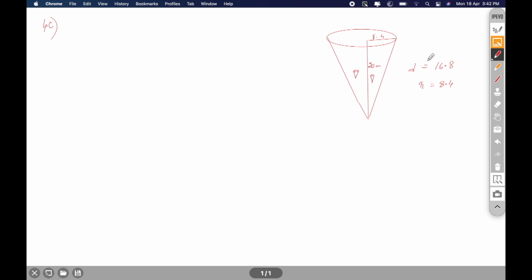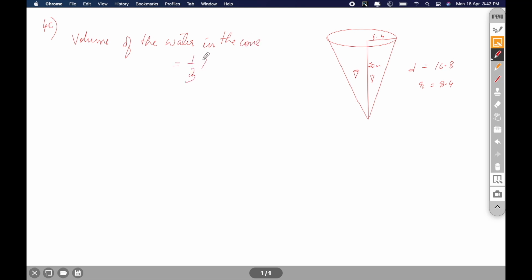So as a result, 1/3 of the volume of the water in the cone overflows. Now what is the volume of the water in the cone? Volume of the water in the cone is equal to the volume of the cone.